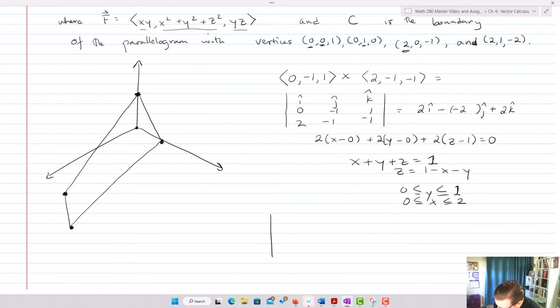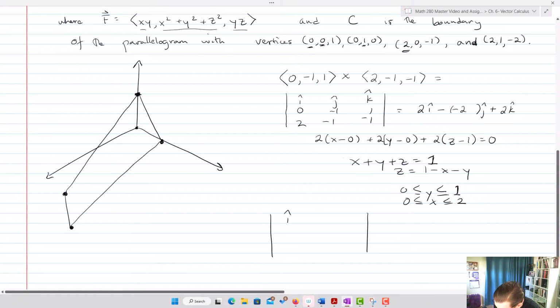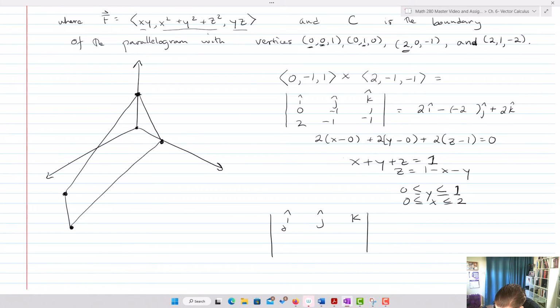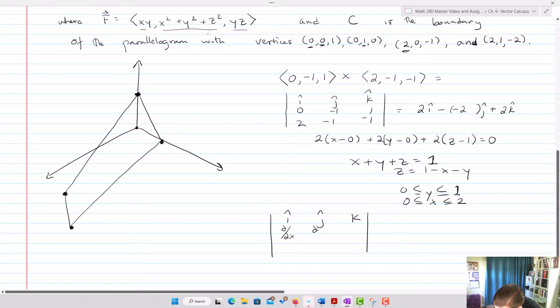So we'll calculate the curl. I've got i, j, k. I've got del x, del y, del z, and xy, x squared plus y squared plus z squared, and yz.